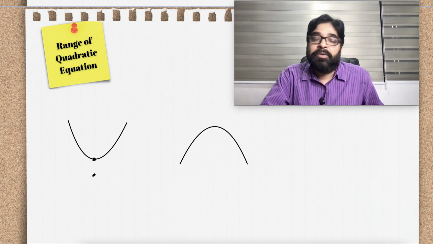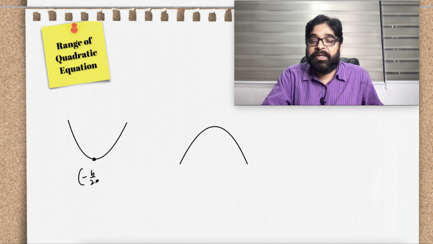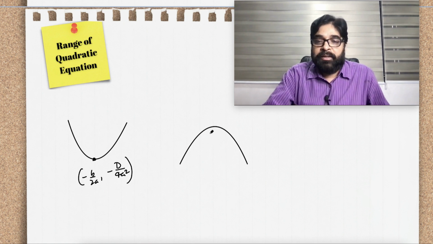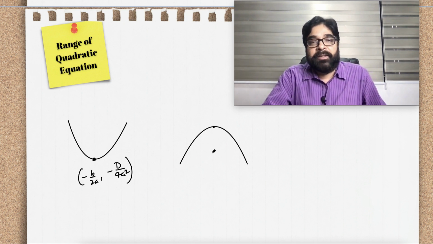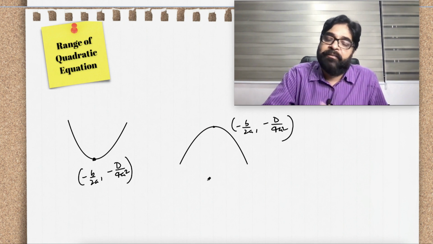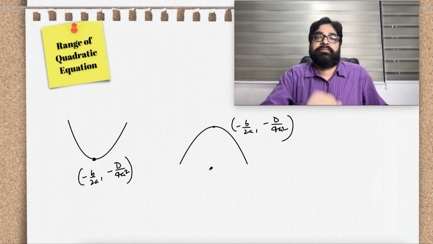This point, you know, the coordinate is minus b by 2a comma minus d by 4a, I guess it's 4a square, yes, 4a square. And this point is minus the same thing, minus b by 2a comma minus d by 4a square. That's all. It will take care of everything.